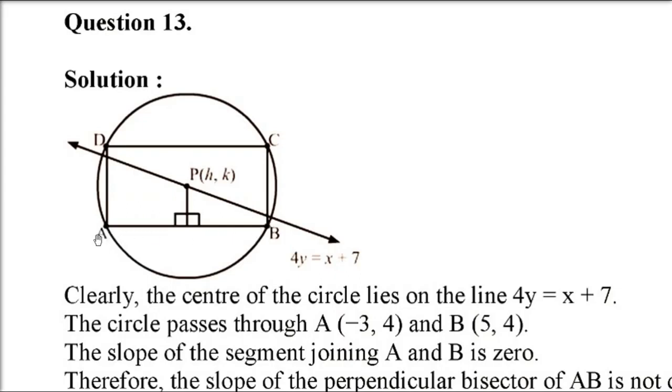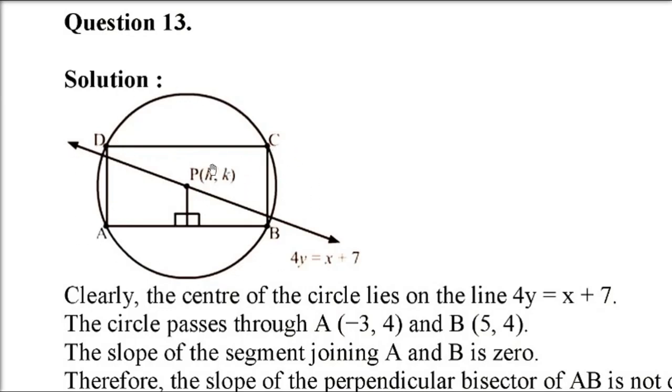A and B coordinates are given. This circle is circumscribing. That is, this circle is passing through A, B, C, D, all of these points. And DB is the diameter you see. DB is the diameter. And the line of the diameter is 4y equals x plus 7.